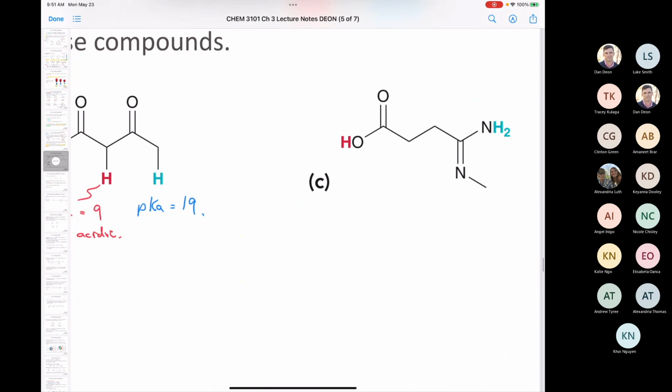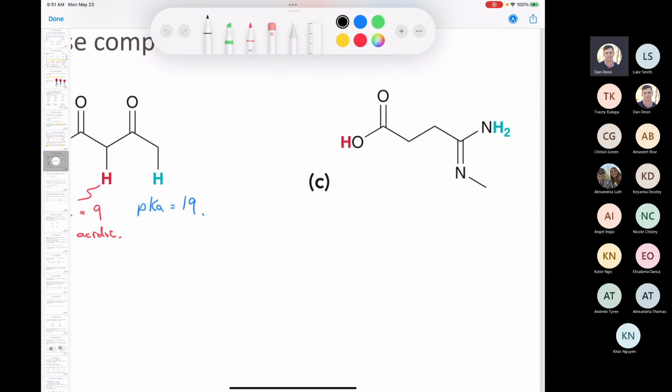If we look at the last one, we've got a red proton and a blue proton. Anybody have an answer? Which one would be the most acidic, the red one or the blue one? Yeah, it's the red one, right? The red one is going to be more acidic.